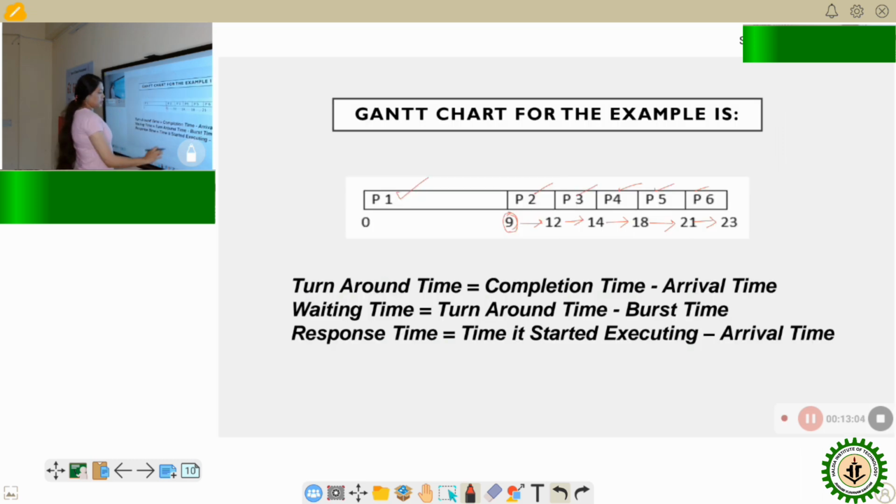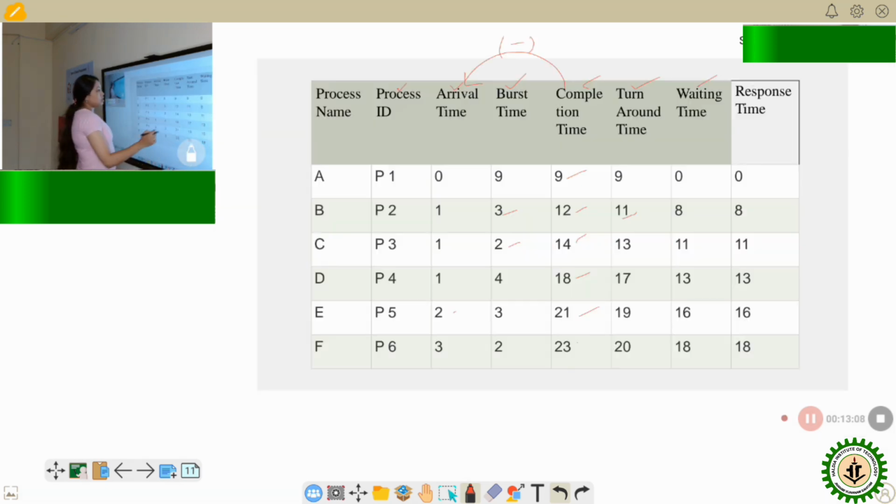So turnaround time will be 9 minus 0 is 9, 12 minus 1 is 11, 14 minus 1 is 13, 18 minus 1 is 17, 21 minus 2 is 19, and 23 minus 3 is 20. Then waiting time. What is the waiting time?